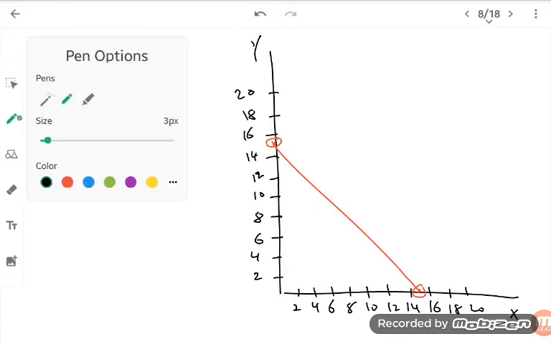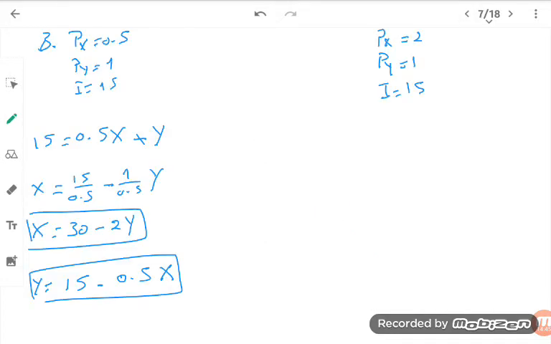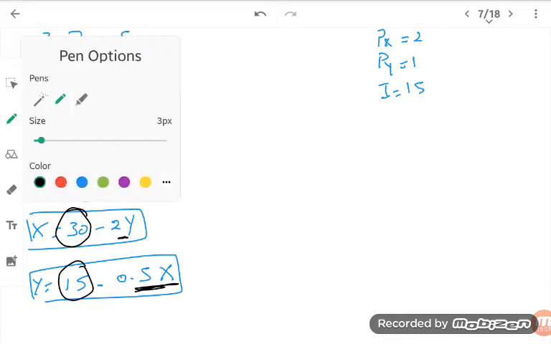In the new case, you are going to substitute instead of y by 0, so x will be 30, and you are going to substitute instead of x with 0, so y will be 15.